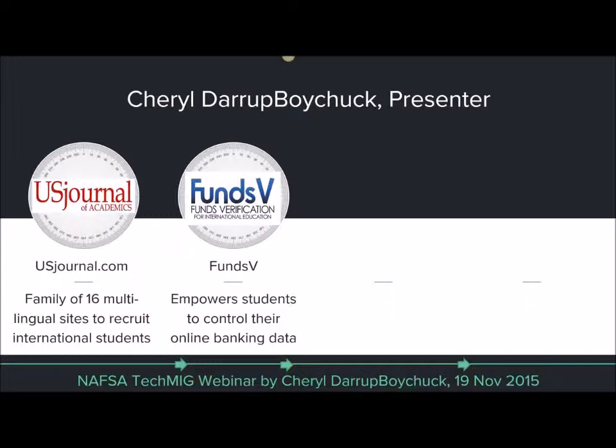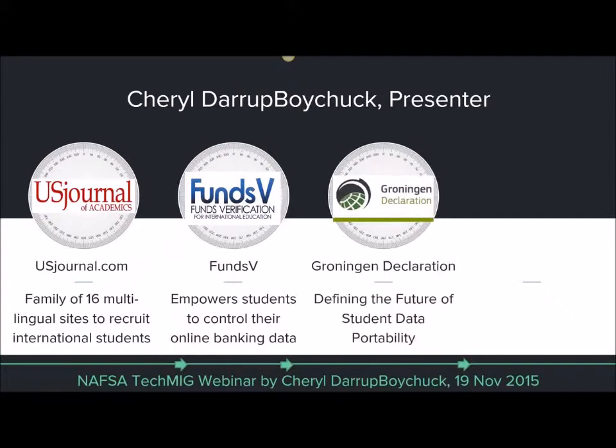At first, we thought it was just impossible, given privacy issues, security issues, but the issues just kept percolating. So we designed FundsV, which essentially empowers international applicants and their financial sponsors to point their online banking data and authenticated financial documents to the authority that requested it.